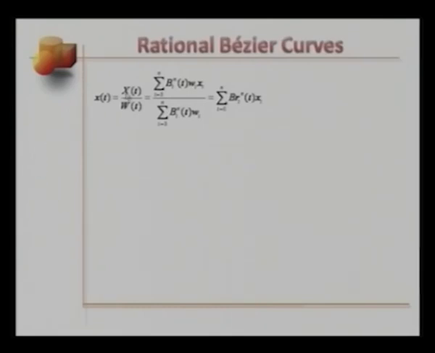Now continuing forward, small x of t is equal to capital X of t over w of t, which is equal to summation i going from 0 to n, the ith Bernstein polynomial with degree n, which is a function of t, times wi xi over summation i going from 0 to n, b sub i super n of t times wi.